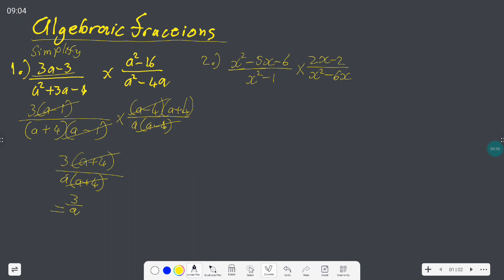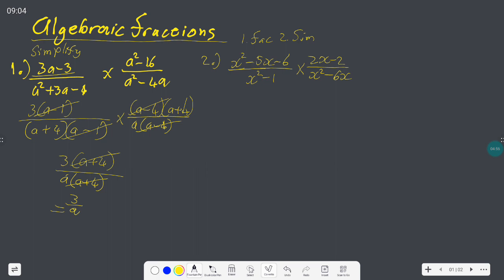Because I'm setting it. Now, at the top, what do I have to do? I have to factorize. So always with these questions, the first step, factorize. And then my second step, simplify. So it's a factorizing sum.